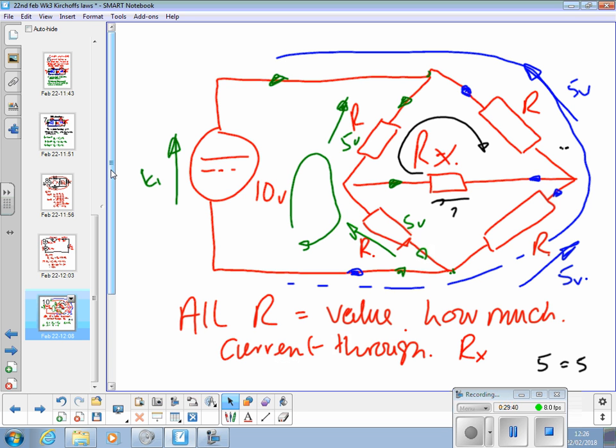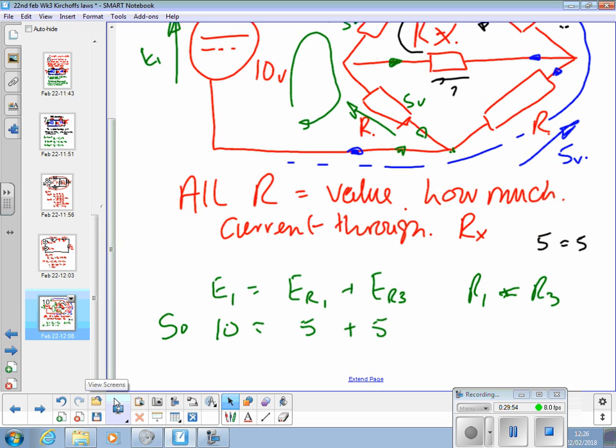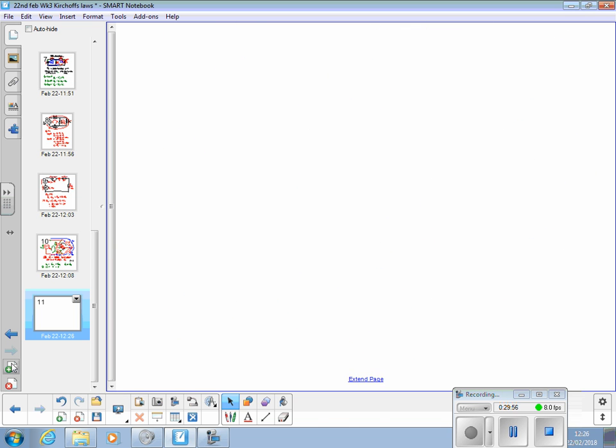And it can be used in instrumentation, particularly with strain gauges. So a strain gauge, modification to it. So what they do is, just quickly draw the bridge again.